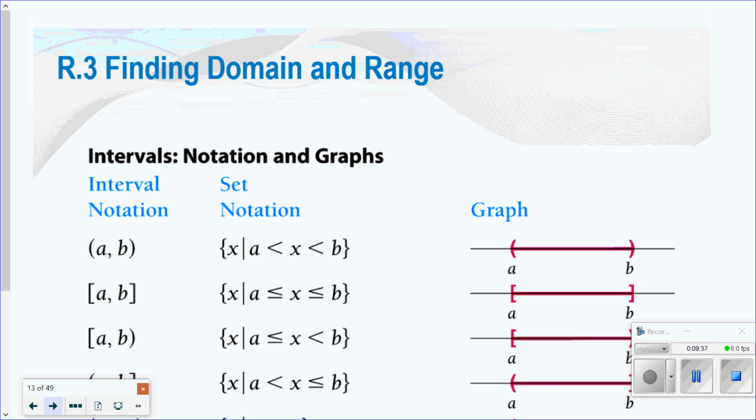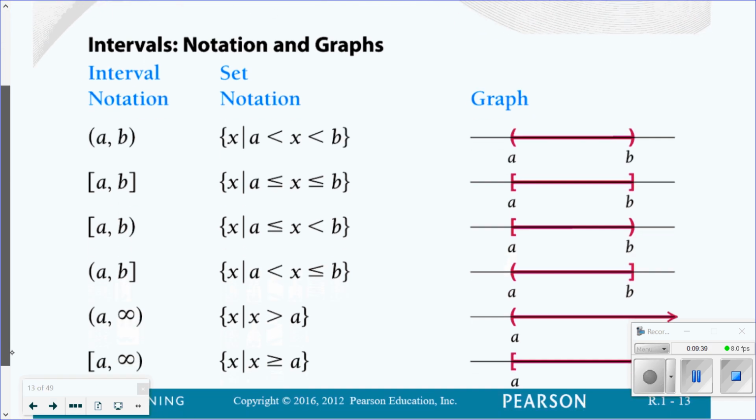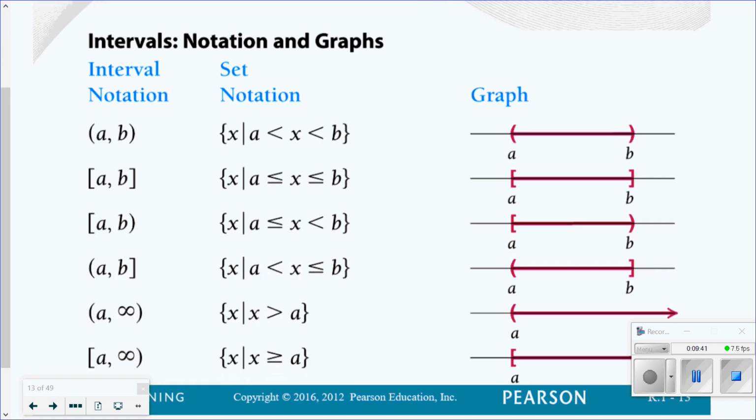All right. Something we're going to use in this class, or you at least need to be able to read, is called interval notation. So when I'm trying to say that I go from one number to another, if I use parentheses, like this first example, that means that A is less than X and B is bigger than X, but we don't include whatever number A and B are.